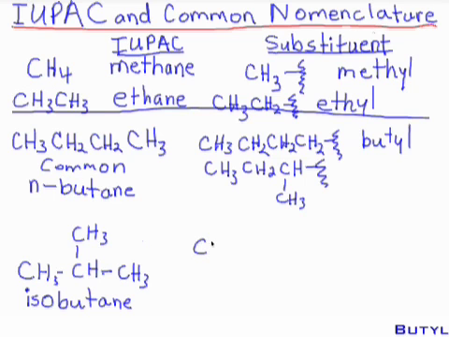If I pull an H off one of the methyl groups in isobutane, I'll get something that looks like this that attaches to a side chain. So if I pull an H off a methyl, I get a CH2. And what we see here is a squiggle, and that squiggle is a long chain.